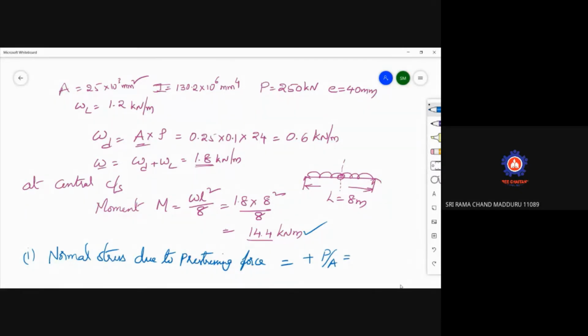First I will calculate these values, then I will substitute and get the diagram there. So plus P by A is the pre-stressing force, 250 into 10 cube, by cross-sectional area 250 into 100. So plus 10 Newton per mm square. Don't forget this is plus 10 Newton per mm square, which is compression. So normal stress due to pre-stressing is compression.